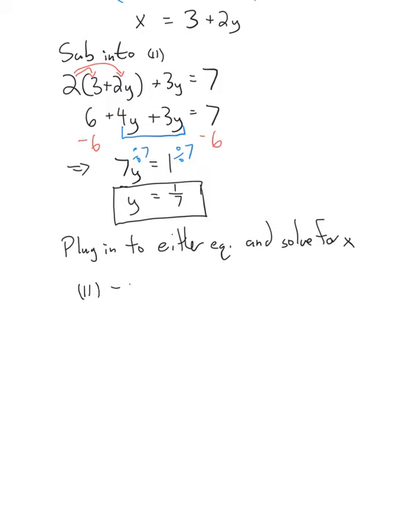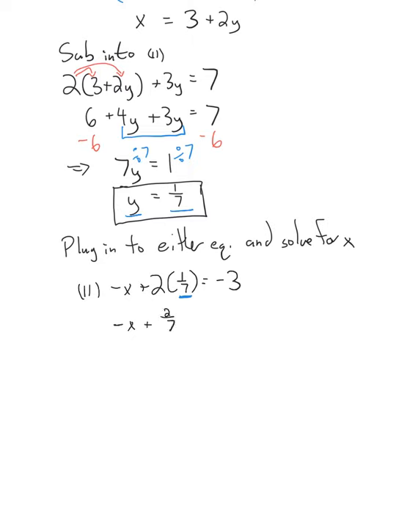So it is negative x plus 2 times 1/7 equaling negative 3. Remember, y we have as 1/7. Okay, let's continue. So let's simplify this. We get negative x plus, well, 2 times 1/7 is the same as 2/7.